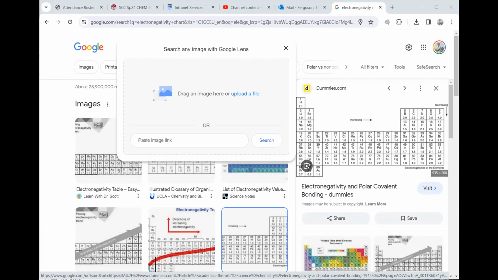So if you have a difference of 0.5 electronegativity, when you're looking at a molecule, bond-wise, polarity, you have increased intermolecular forces there. If by chance you don't have anything above 0.5, you always have London dispersion forces.